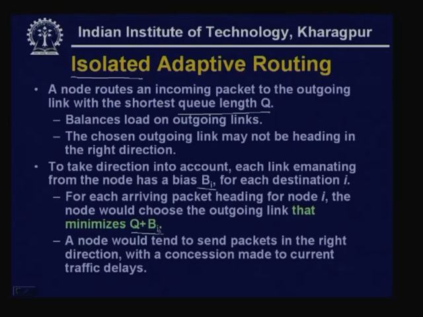That means the queue length and the bias are added together, and the link which minimizes Q plus Bi is used. Whenever you do that, a node would tend to send packets in the right direction with a concession made for the current traffic delays. That means this Q factor takes into account the current traffic delay, while this Bi, the bias, will try to send in the right direction.